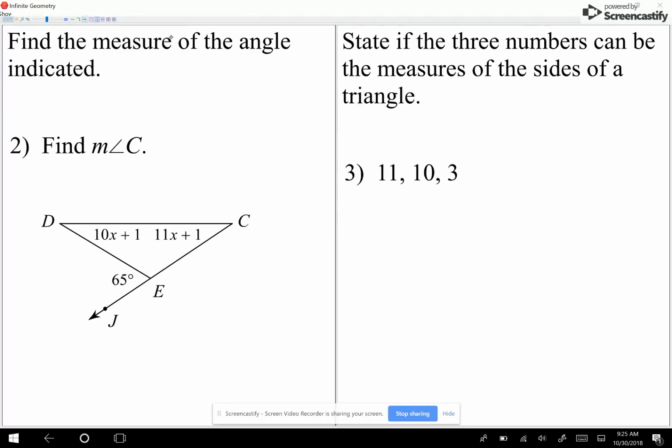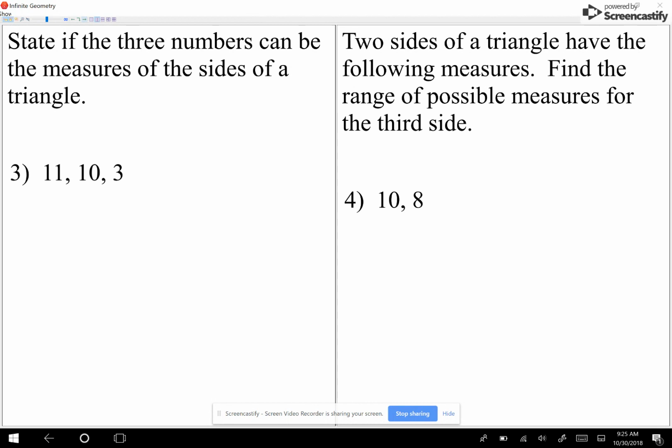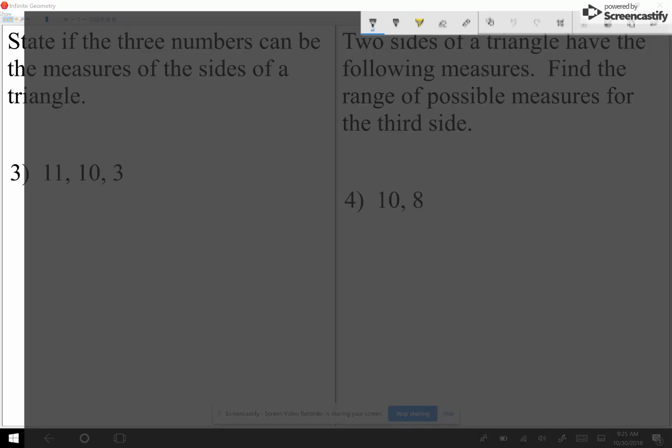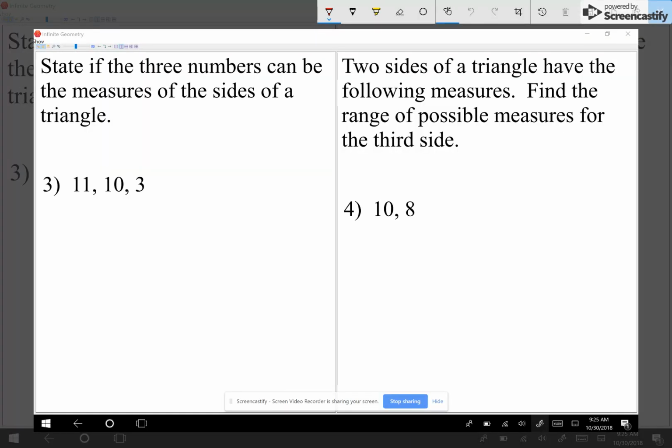Another example that I have is with the measurement of sides. State if the three numbers can be the measures of the sides of a triangle. The numbers are going to be given to you in any order. Don't think it's going to be from small to large or large to small. No, it's going to be in any order.